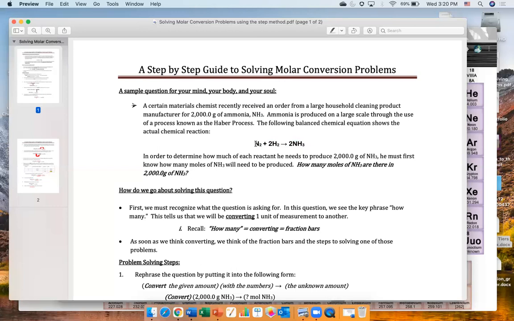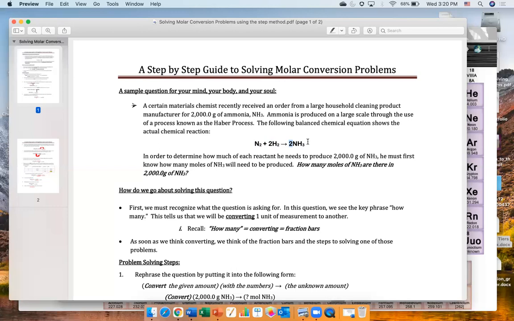Remember, in math, you can always put ones everywhere, and it doesn't change the actual value. So here, you could put a 1 right in front of this nitrogen, this N2 molecule, but it's just never shown by convention. So what the chemist is seeing here is 1 mole of nitrogen plus 2 moles of hydrogen will produce 2 moles of ammonia. That's exactly the recipe this chemist is looking at.